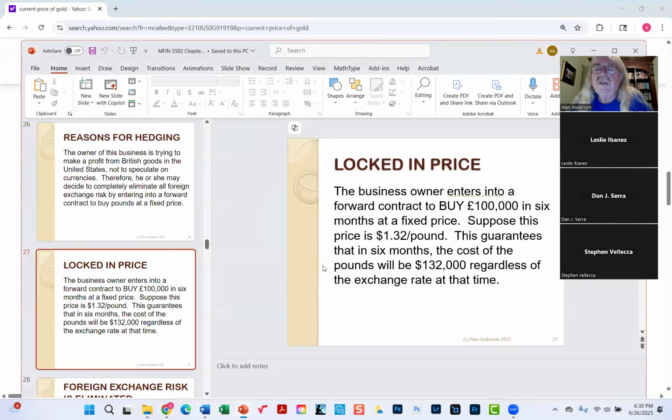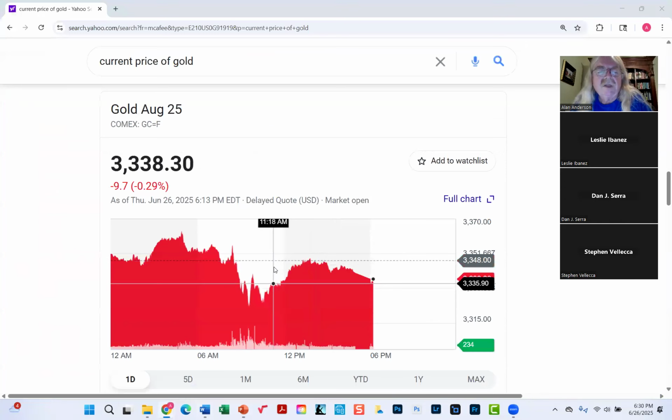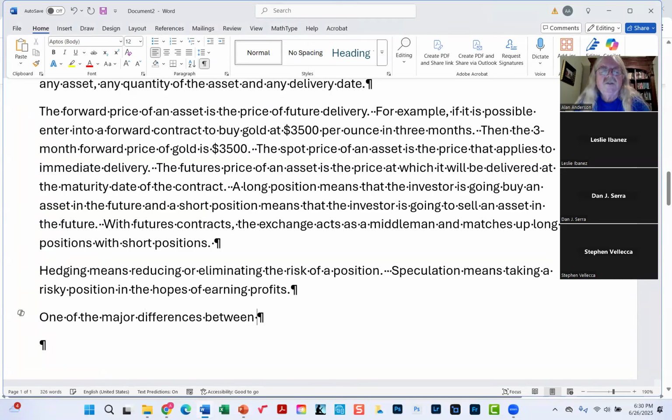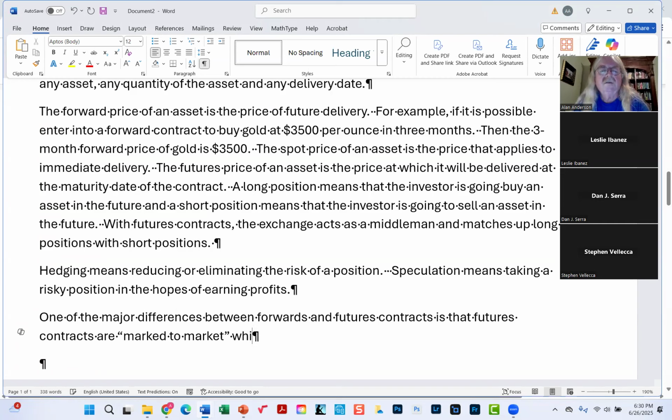Now, of course, another thing maybe I skipped over. One of the major differences between forward and futures contracts is that futures contracts are marked to market, while forward contracts are not.